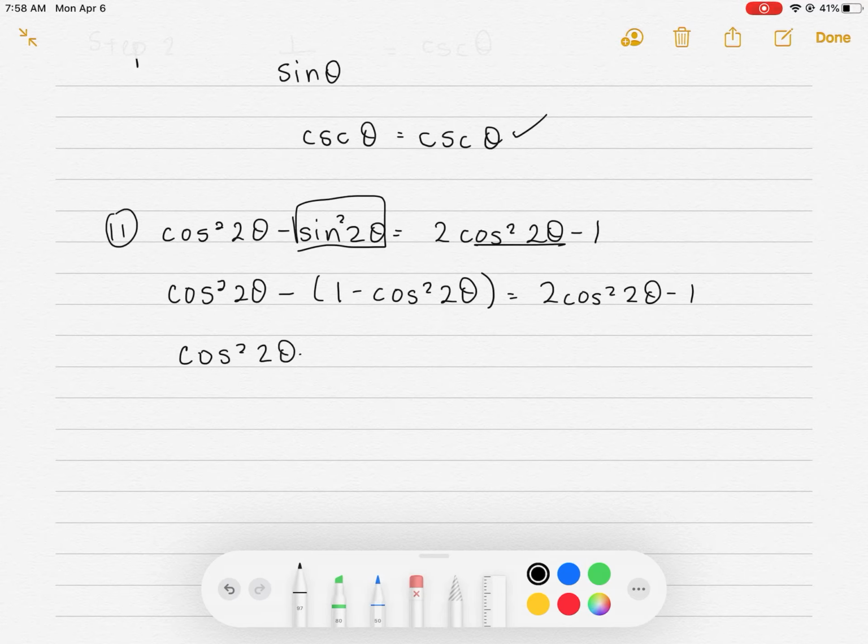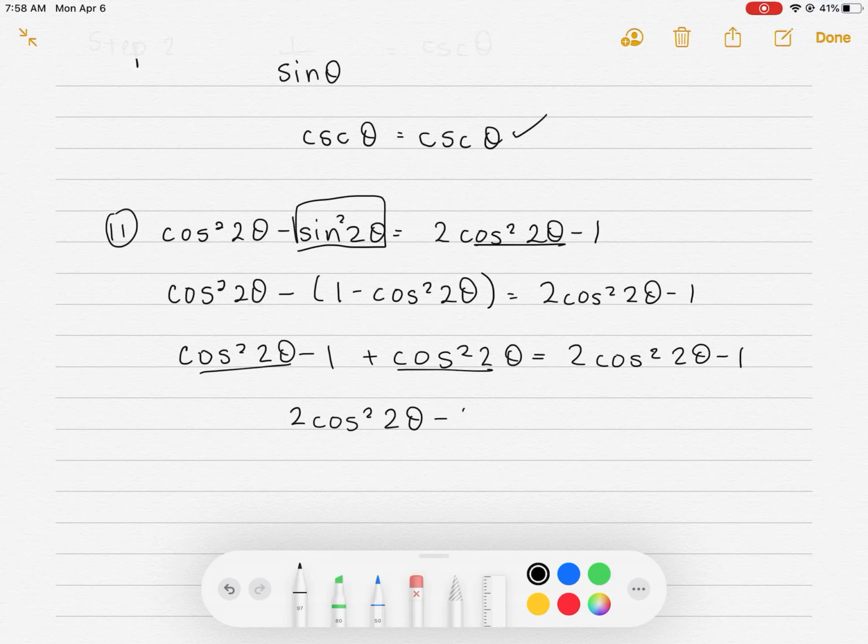So cosine squared of 2 theta minus 1 plus cosine squared of 2 theta is equal to 2 cosine squared of 2 theta minus 1. At that point, you would add those and you have your answer. So 2 cosine squared of 2 theta minus 1 is equal to 2 cosine squared of 2 theta minus 1.